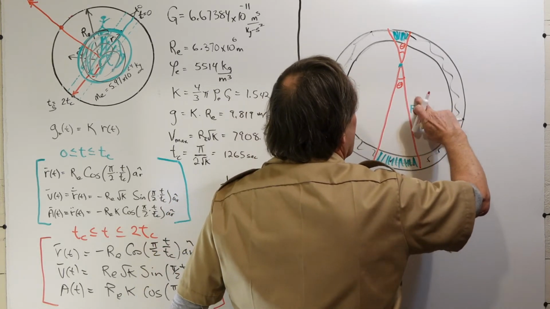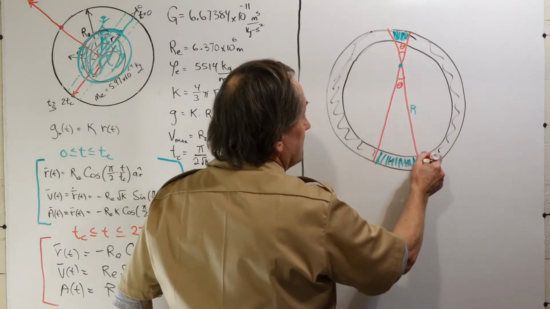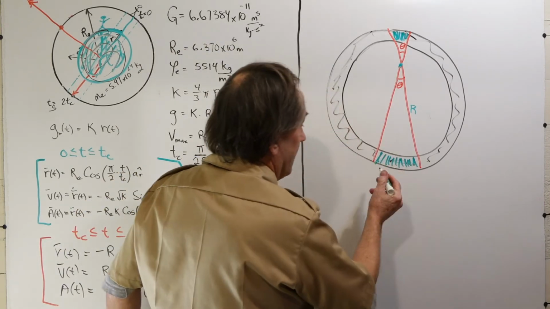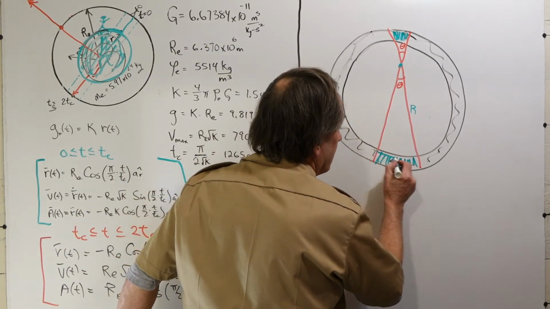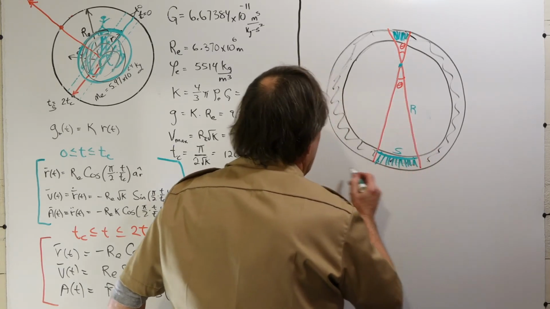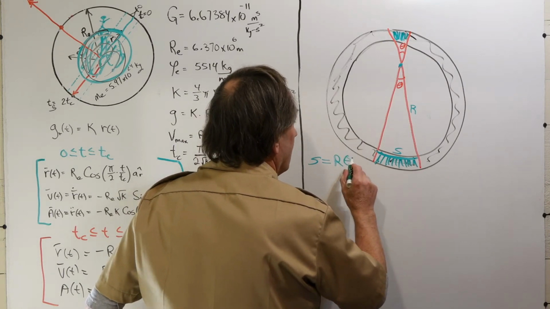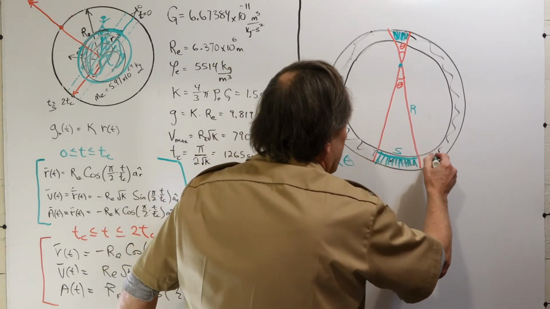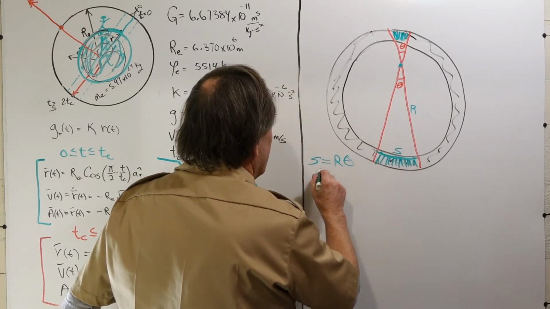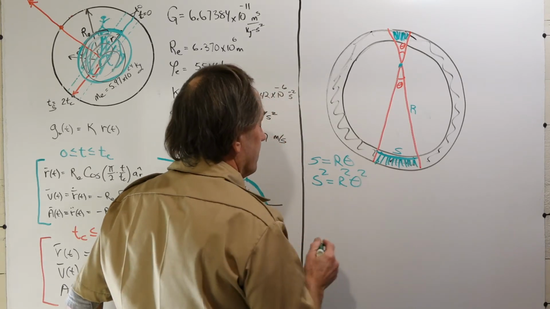So if our distance from our point to the mass is r, you can imagine what we have is an arc length. The arc length s is proportional to r theta. So the area that we see is proportional to s squared, or r squared theta squared.